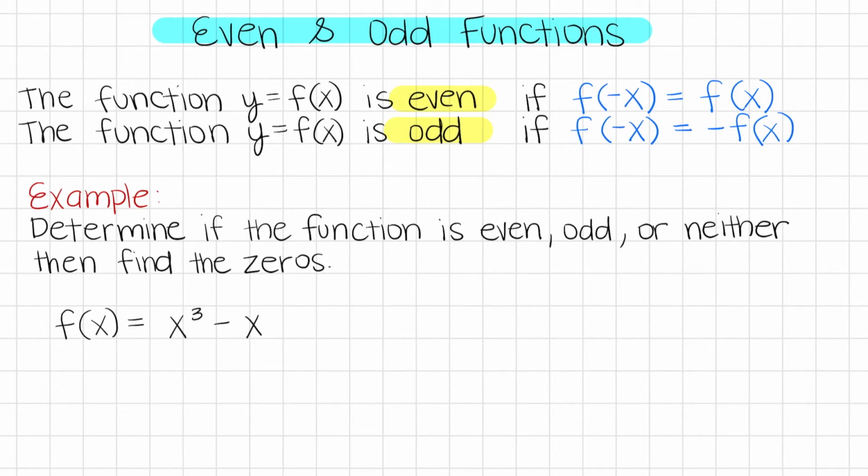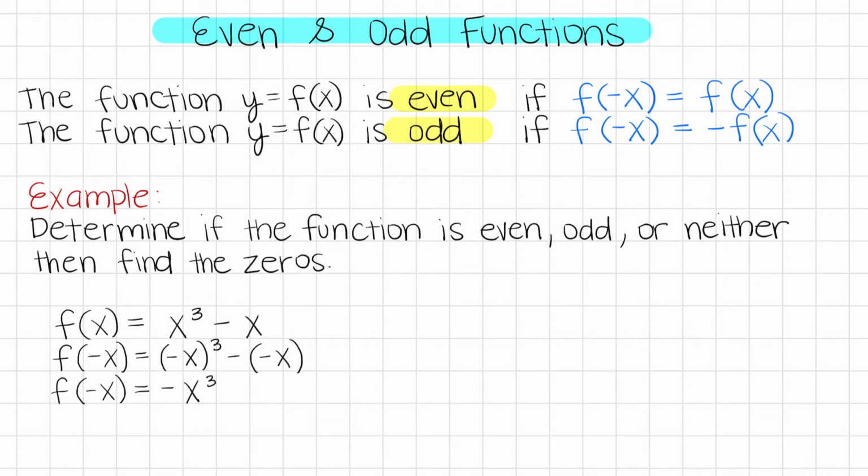So let's find this function at f of negative x, meaning that wherever there's an x, we're going to replace it with a negative x. So we can write it as negative x cubed minus negative x. And now let's simplify. F of negative x equals, if you have a negative x cubed, you're still going to have a negative x cubed.